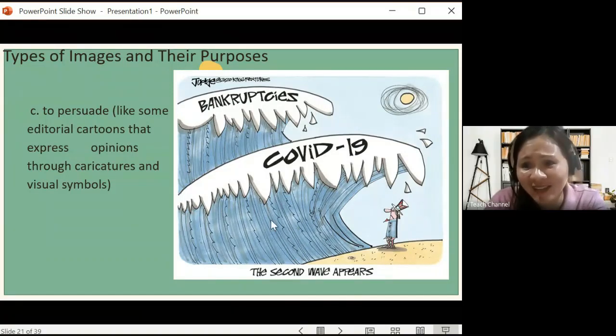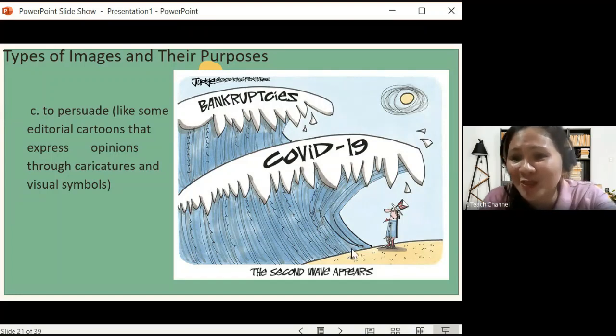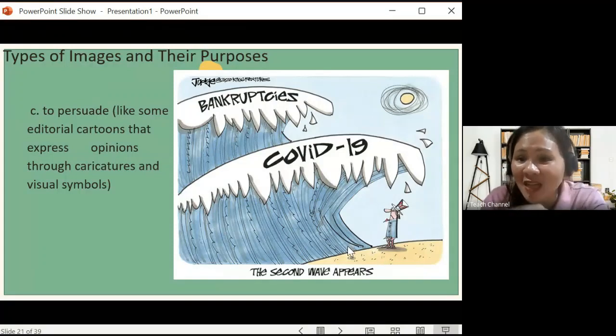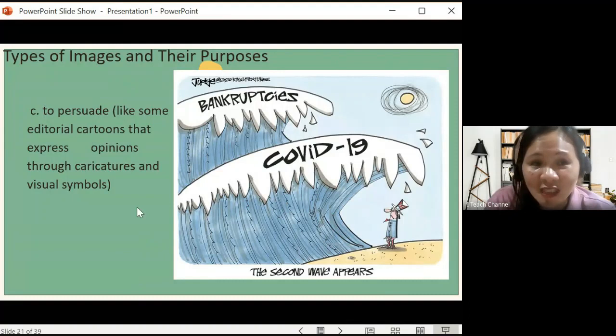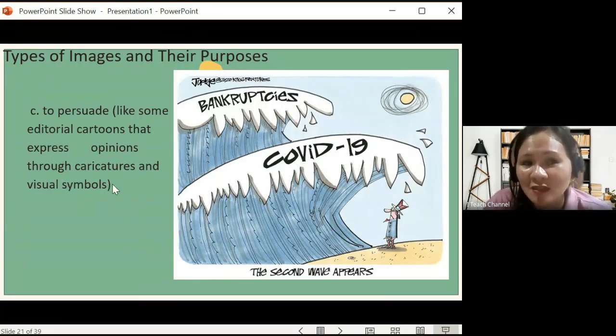You're going to die. Bankruptcies, COVID-19, our economy will make us die because of this. But of course, it is trying to persuade us to believe in this opinion. But it is up to you if you're going to believe if it is true or not. The main purpose of this image is to persuade us, to express opinions through caricatures and visual symbols.